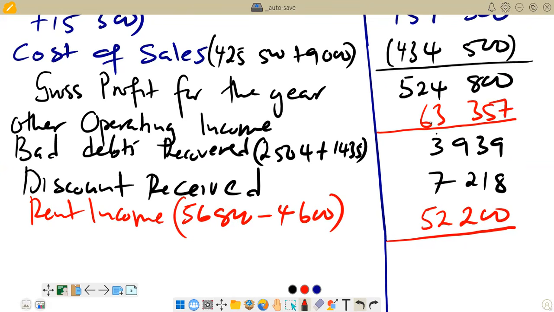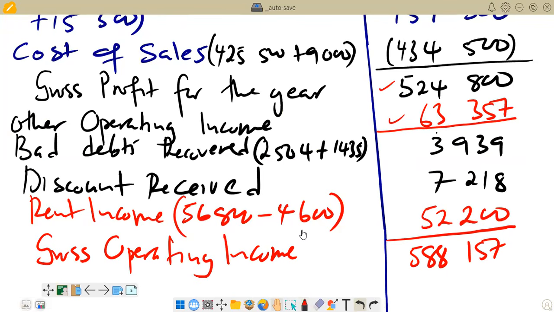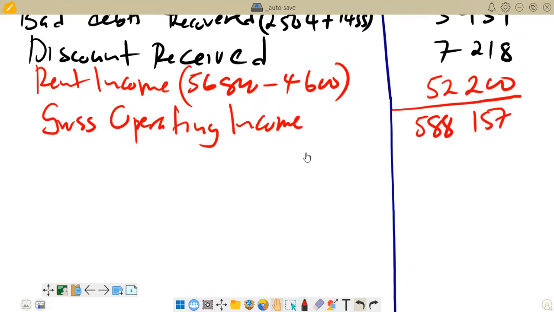Then we add this figure to this figure to get gross operating income here, which is 588,157. Right, so that's what we have done under gross operating income.